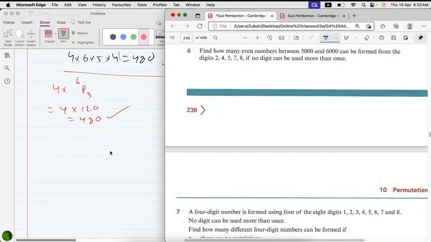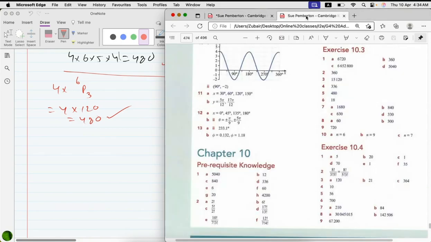That is correct. Question 6, 18 is correct.